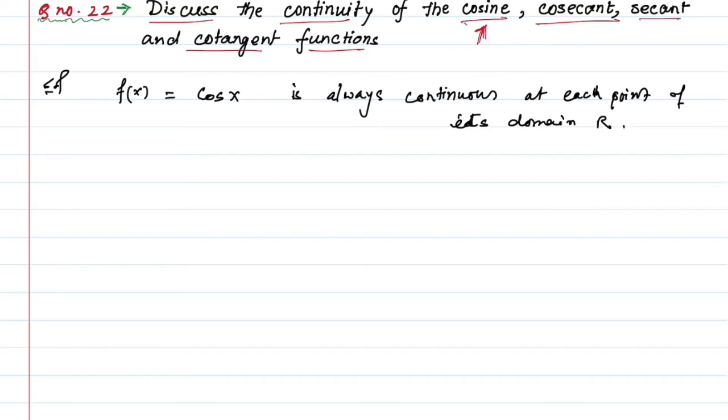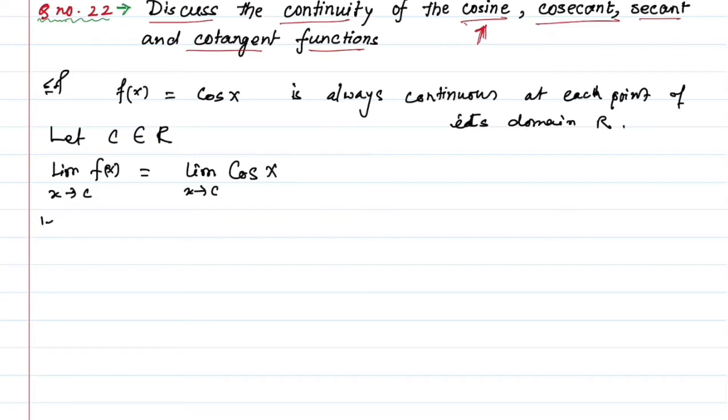If we are able to show that the limit of f(x) as x tends to c is equal to f(c), then we can say that the function f(x) is continuous. So let me show that cos x is continuous. Limit of f(x) as x tends to c, where c is a real number, c belongs to R, is equal to limit x tends to c of cos x.